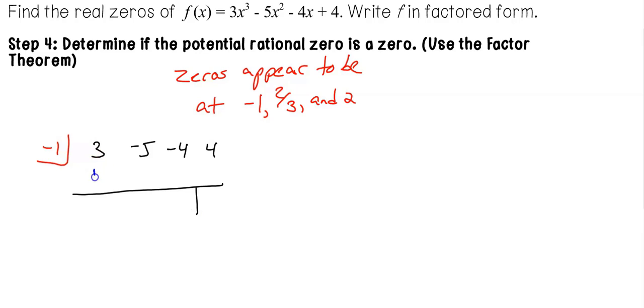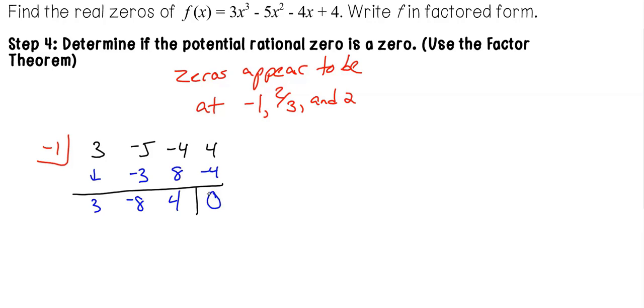Okay, so the 3 comes down. -1 times 3 is -3. -5 plus -3 is -8. So -1 times -8 is +8. -4 plus 8 is +4. -1 times 4 is -4. And 4 plus -4 is 0.